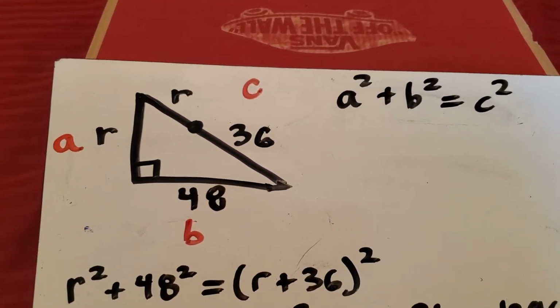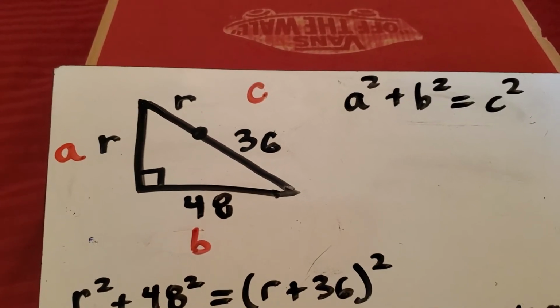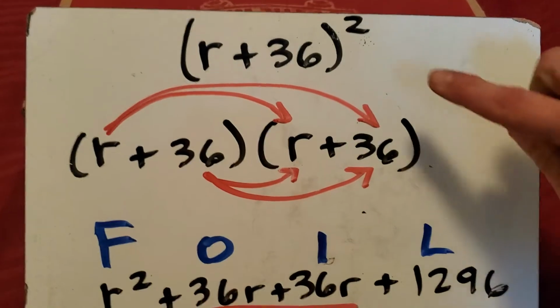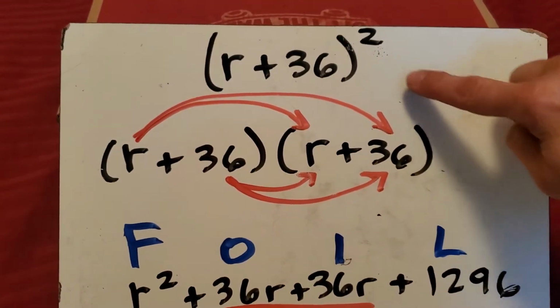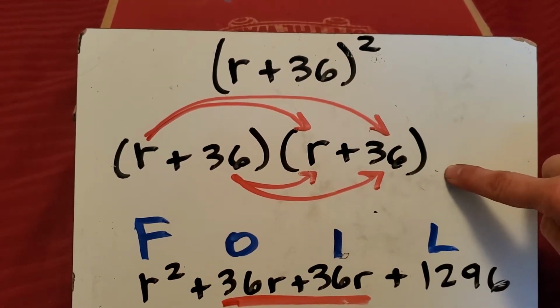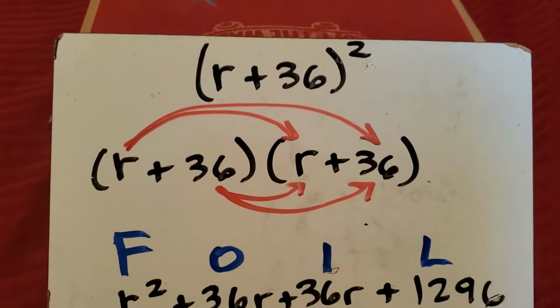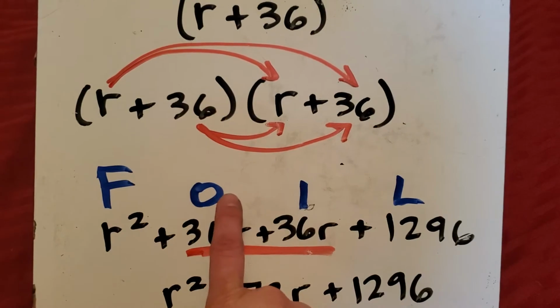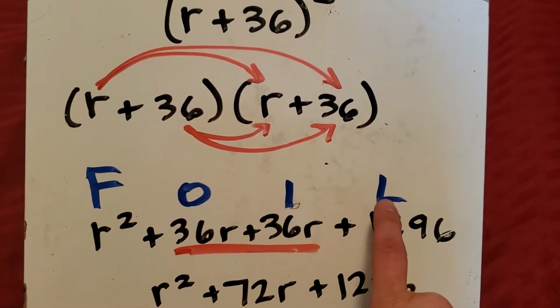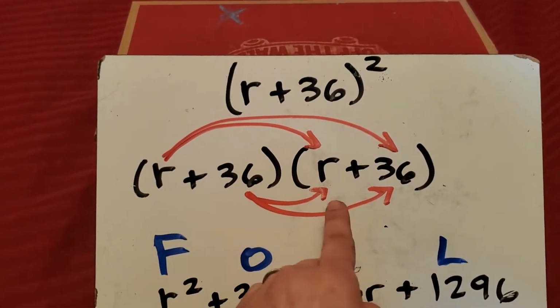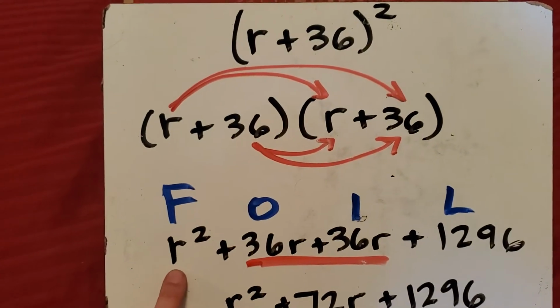This is FOIL. So just as a reminder what FOIL is, I have this board. R plus 36 squared can be expanded to R plus 36 times R plus 36. FOIL stands for first, outer, inner, and last, which means when you multiply the first two terms, R times R, that will give you R squared.